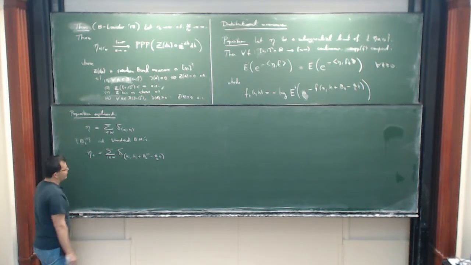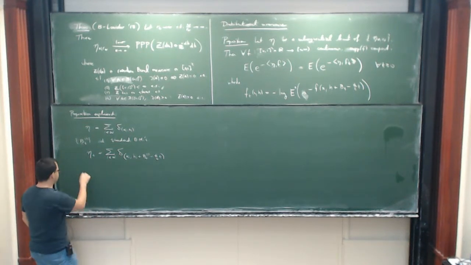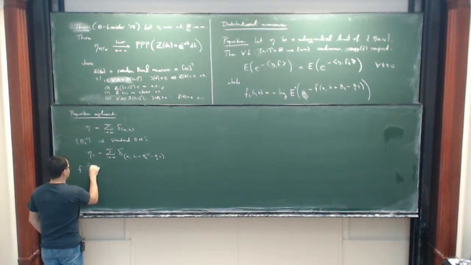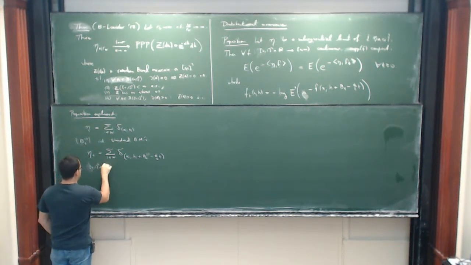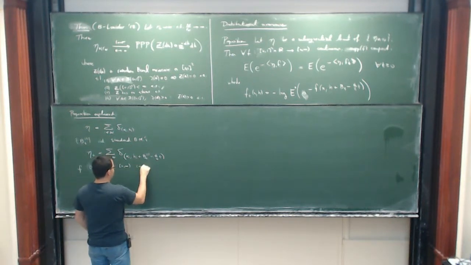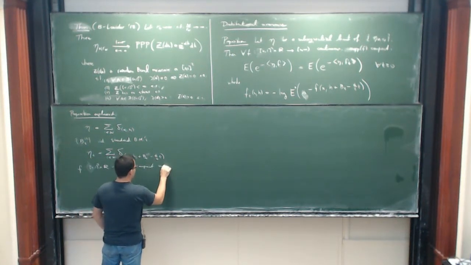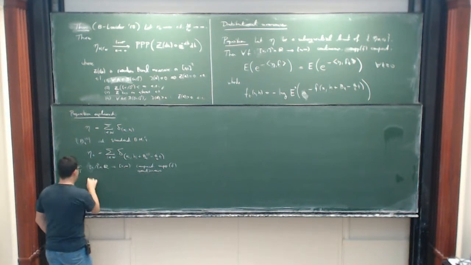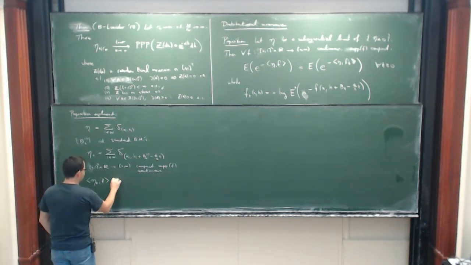And so now let's look at this eta_t, and let's integrate. Now let's pick f from the unit square cross R, compact support, continuous, of course. And let's integrate eta_t against this f.